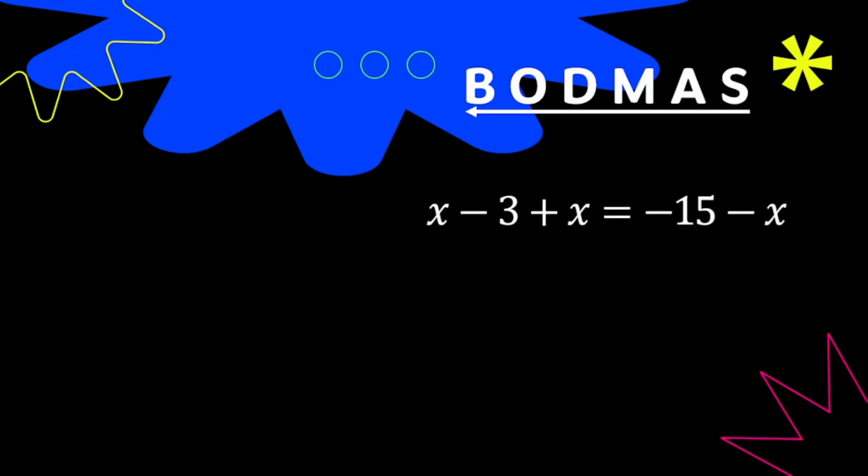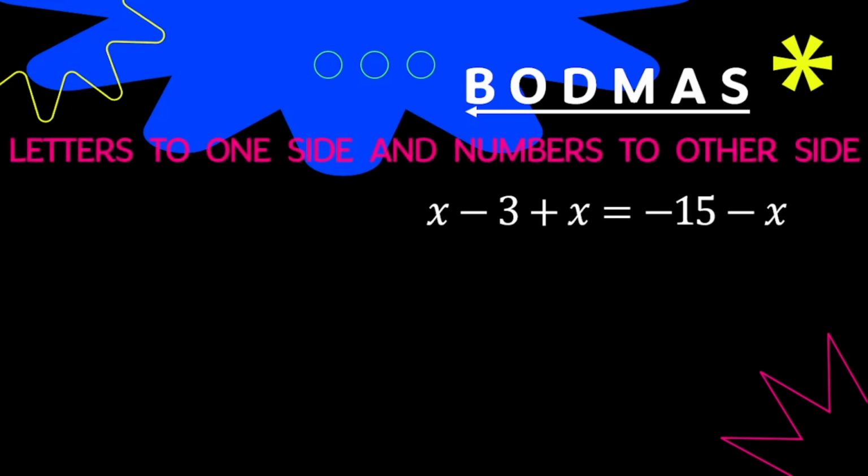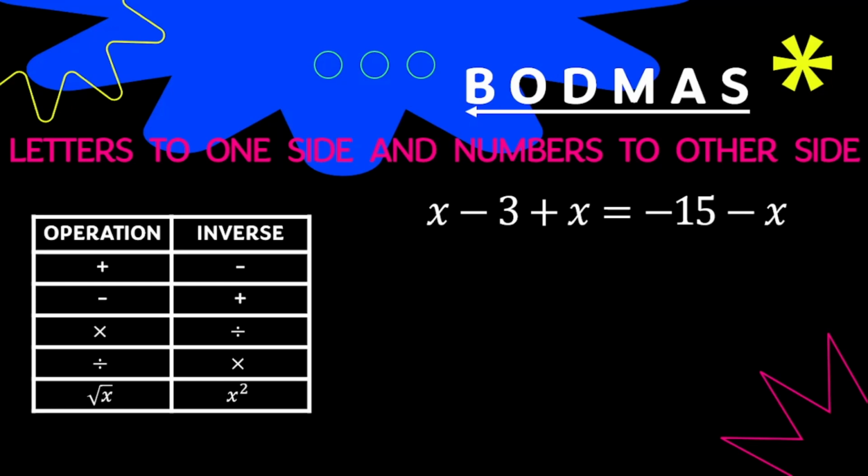So now let's look at a little bit higher. Okay, remember, there's quite a lot going on here. Letters to one side and numbers to the other side. Let's look at our inverse operation table over there. Now, this x is already on the one side. This x is already on the one side. Let's go and move this variable of x over to its friends.